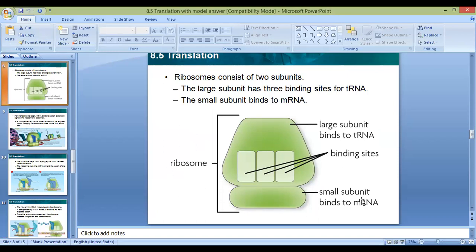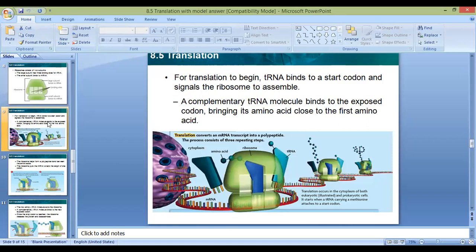Now the mRNA, the small subunit will bind to the large subunit of the ribosome. All of this is the ribosome. They will all work together now. The small subunit binds to mRNA and the large subunit will bind to the transfer RNA. Look what will happen here. For translation to begin, tRNA binds to a start codon and signals the ribosome to assemble.